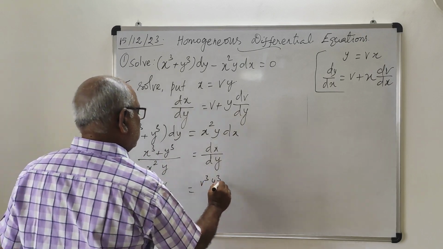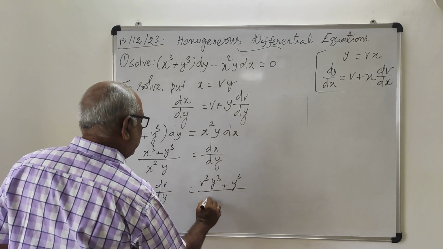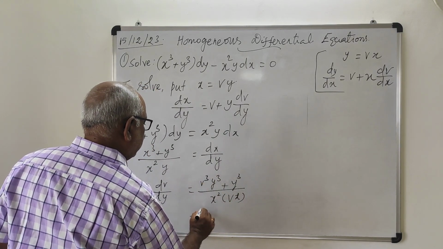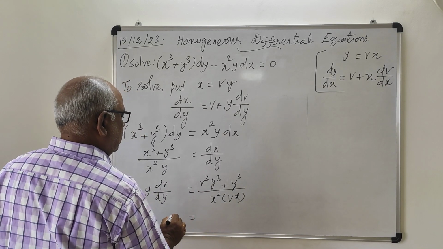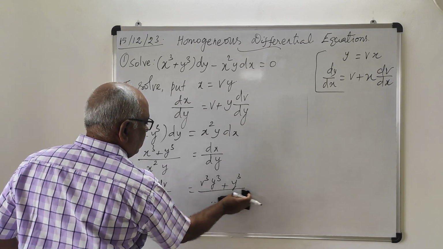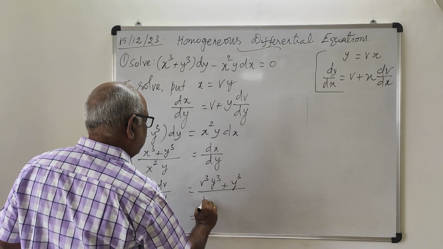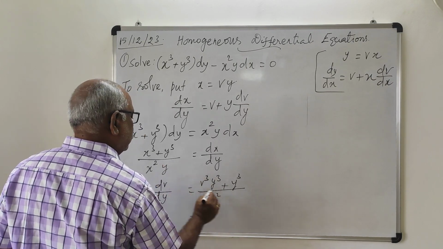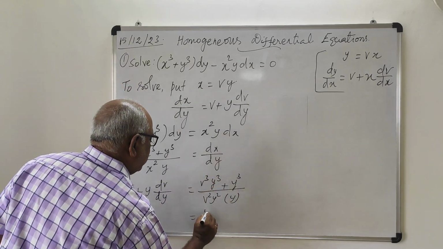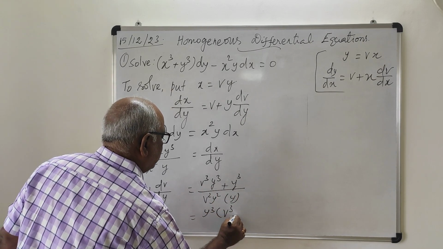So v cube y cube plus y cube, by x square into y. Here x is replaced by vy, is it not? So x square is v square y square, into y. From the numerator, you can take y cube as a common term, you will get v cube plus 1.